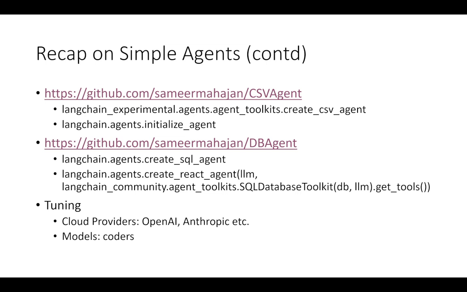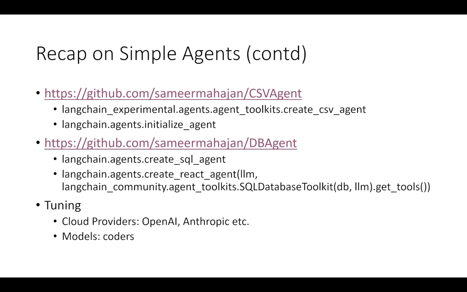I mean some coder models will be good. And of course, some tuning is this prompt engineering that we saw: adding a system prompt, giving additional context, doing the few-shot prompting. So basically, that's pretty much the only tuning you can do with simple agents.